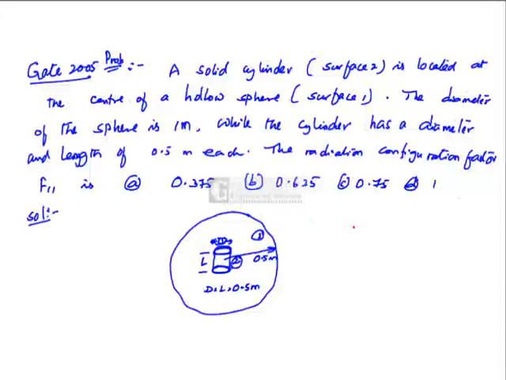Therefore, I can write F11 plus F12 is equal to 1. But F21 is equal to 1. Why?